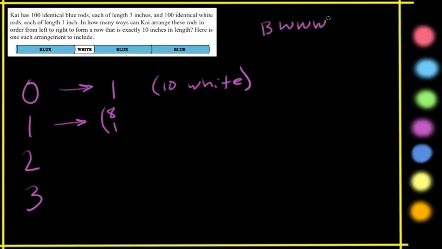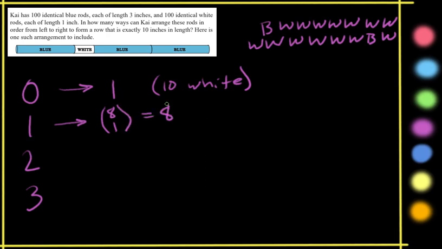Or we could do a bunch of whites first, then the blue and then another white. Basically any one of these 8 can be the blue. So this is 8 choose 1, which is equal to 8.